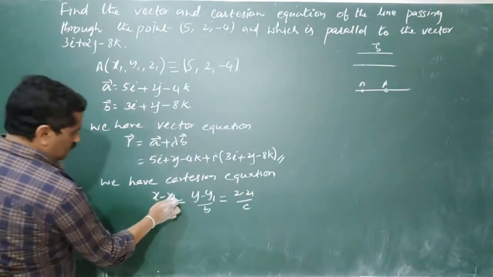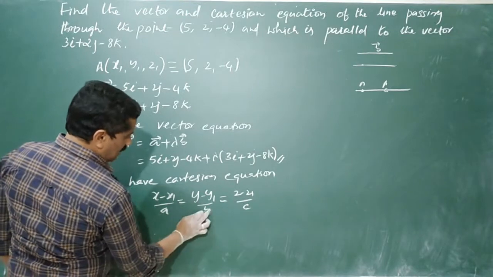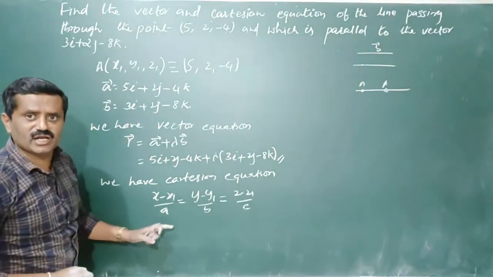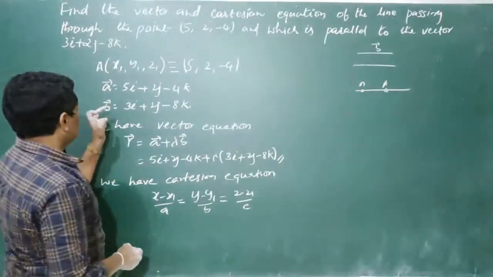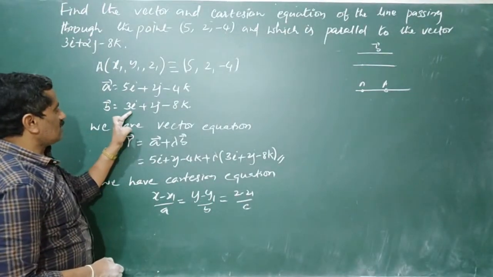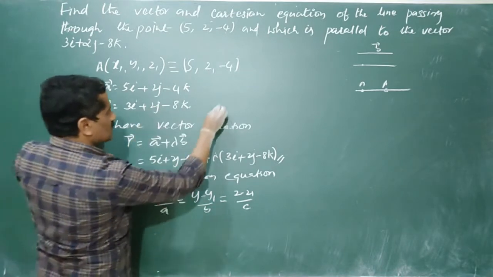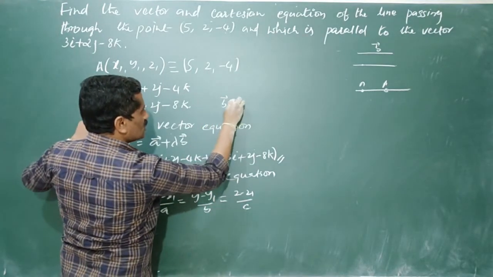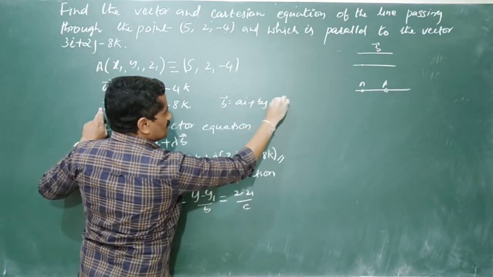Substituting the values of x1, y1, z1 and a, b, c. Here a, b, c are the direction ratios of the parallel vector. Here b bar is the parallel vector, that is 3i + 2j - 8k. Just compare this with the standard form, that is b bar = ai + bj + ck.